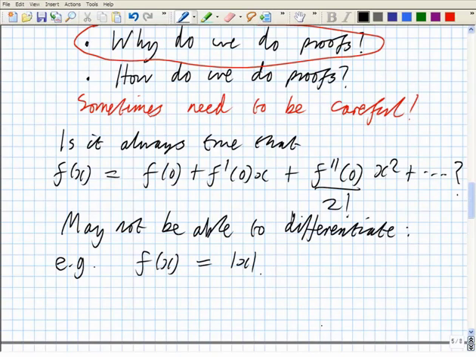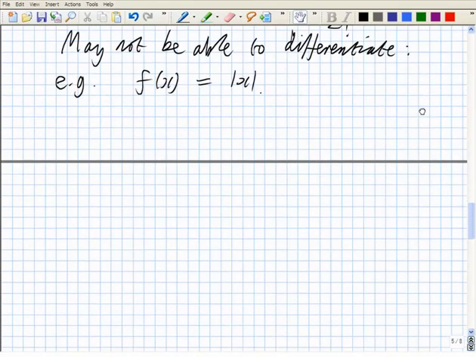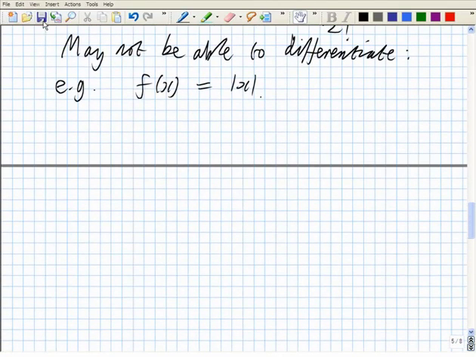So let's remind ourselves what that looks like. So I'll do you a quick sketch of what y equals mod x looks like.